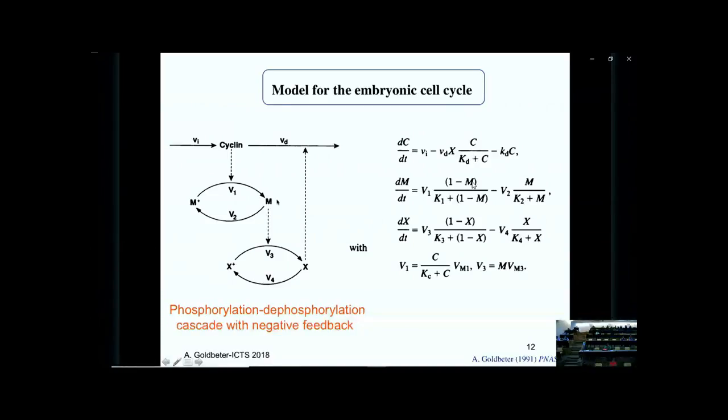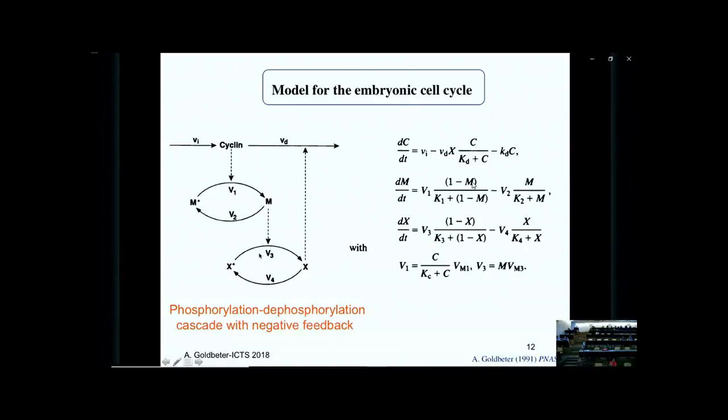Now, how do we represent negative feedback in this system? Taking into account the fact that CDC2 kinase phosphorylates proteins, it was assumed that active CDC2 kinase activates a protease, now called APC, the anaphase promoting complex.